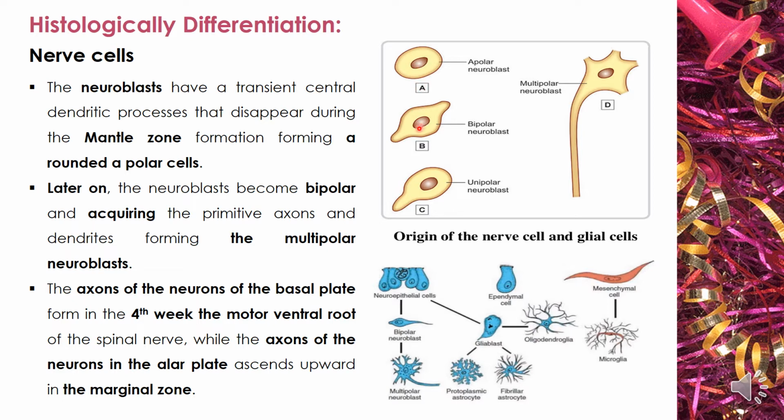Later on, the neuroblasts become bipolar neuroblasts, acquiring a primitive axon and a dendrite, forming the multipolar neuroblast.